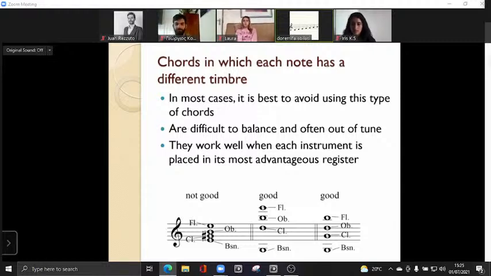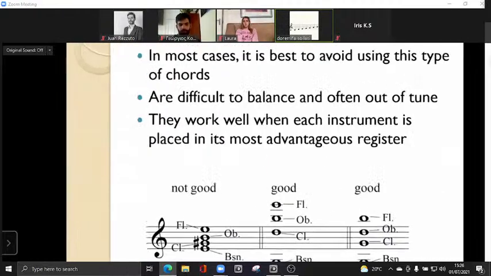Chords in which each note has a different timbre are difficult to balance and often out of tune. Well, finally, here we have some examples.